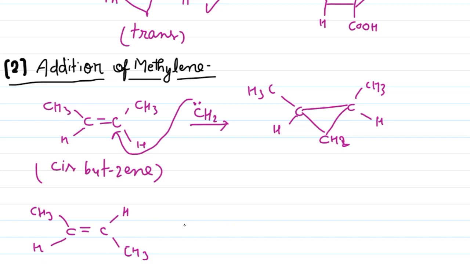Trans-but-2-ene reacts with carbene CH2 having a lone pair of electrons. The lone pair attacks this position and forms a cyclopropane ring structure.